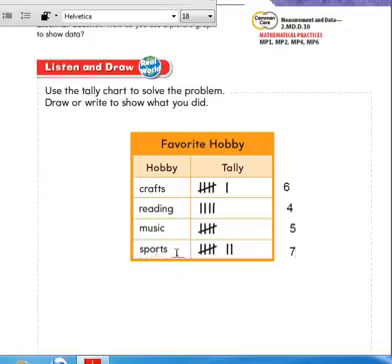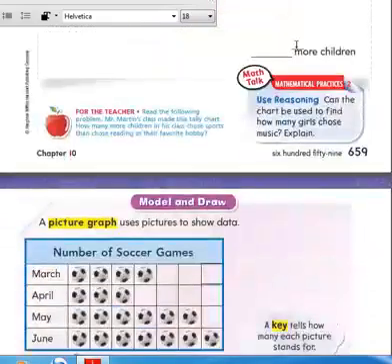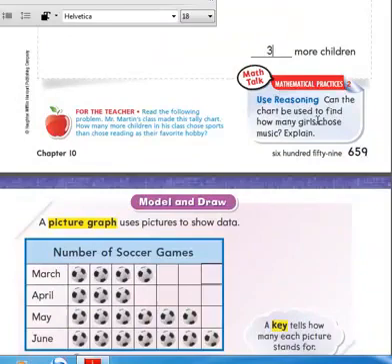So I have to look at the row of sports and the row of reading. The row of sports is more than the row of reading by how many tally marks here? Yes, there are 1, 2, 3. So there are 3 more children who choose sports than reading.